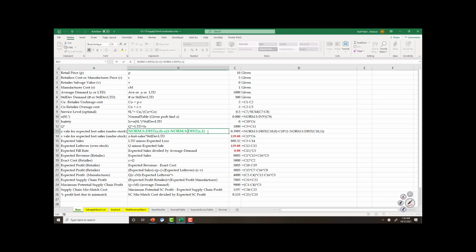Let's look at this formula. We can compute it in Excel or we can use tables. It looks a little bit strange, but let's go inside it. Norm standard distribution, Z and 1. Give me Z, I will give you a probability. It is the meaning of this statement. But we already have that probability.